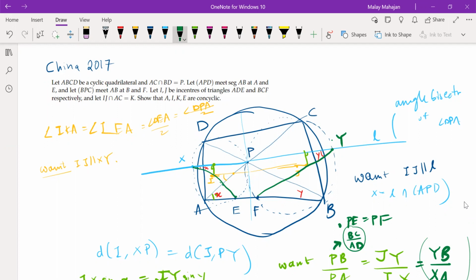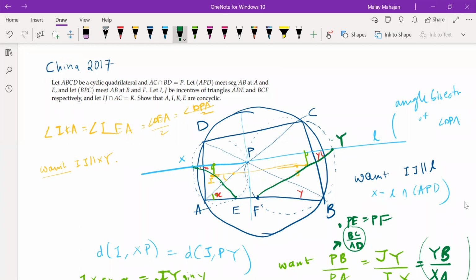So we add the angular bisector of DPA and let it intersect the two circles at X and Y. Then notice that X is the arc midpoint of DA and Y is the arc midpoint of BC.